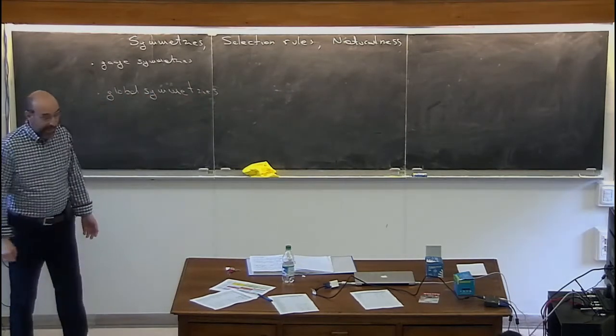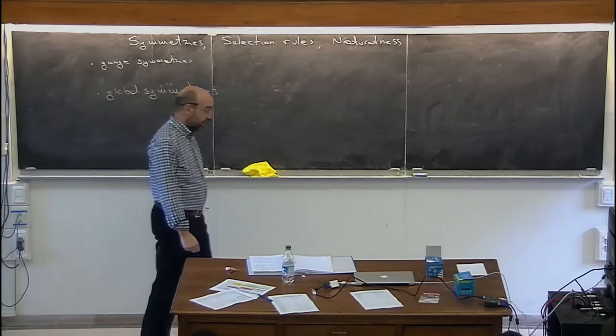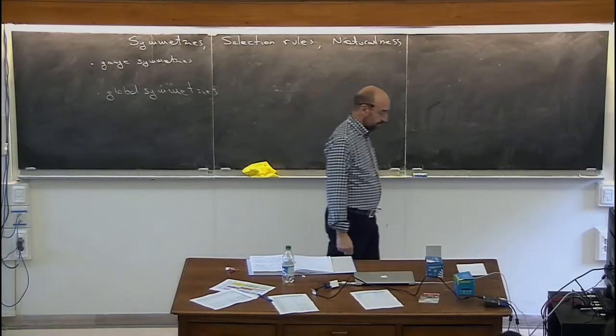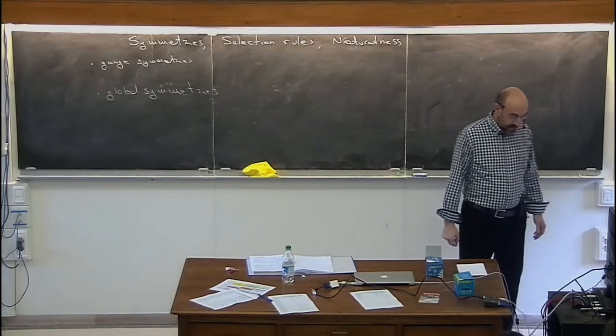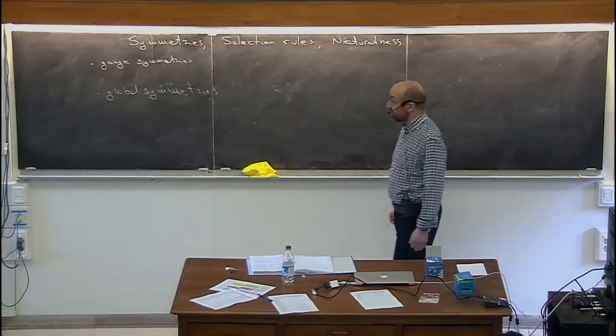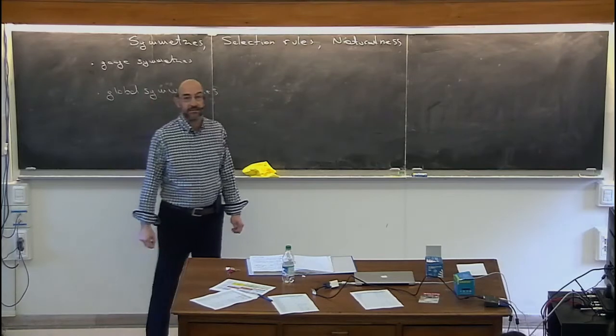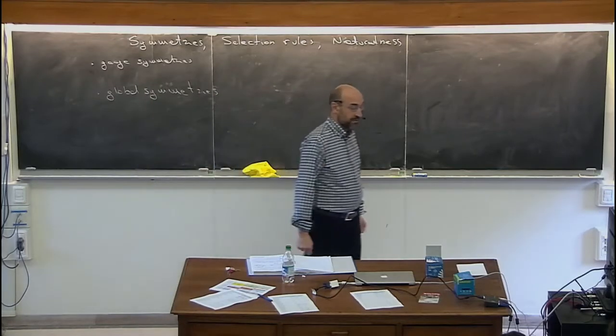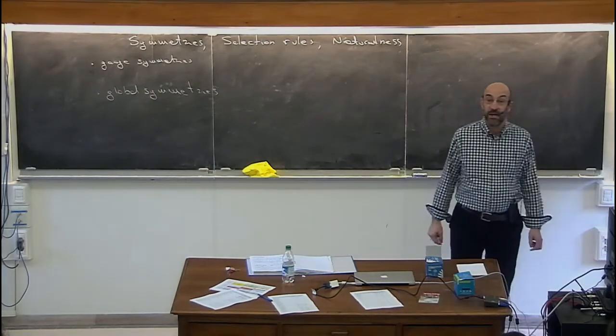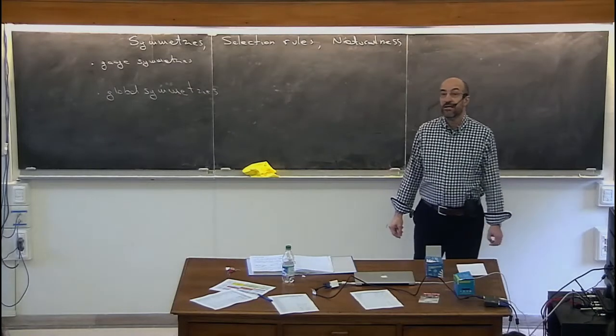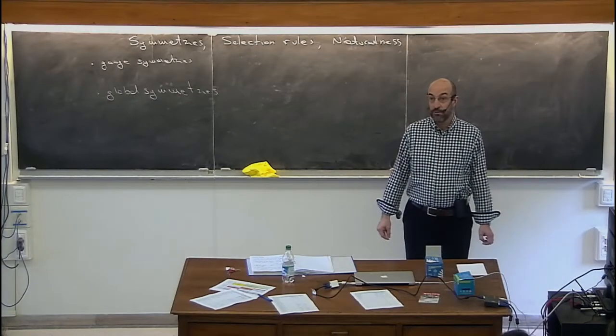In fact, let me add a comment related to what we were saying in the two previous days. Global symmetries may well be, under all circumstances, emergent accidental symmetries, very much like parity is an emergent accidental symmetry of QED.